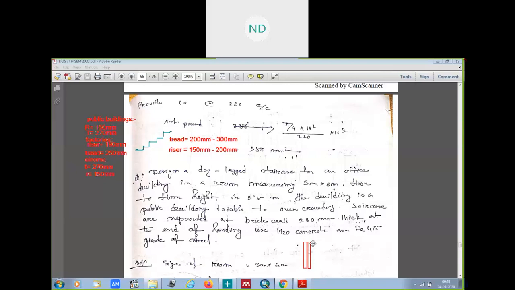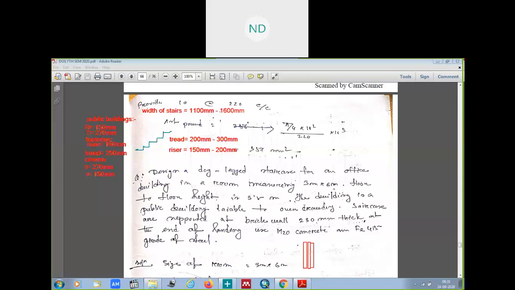The width of the steps is between 1100 mm and 1600 mm.